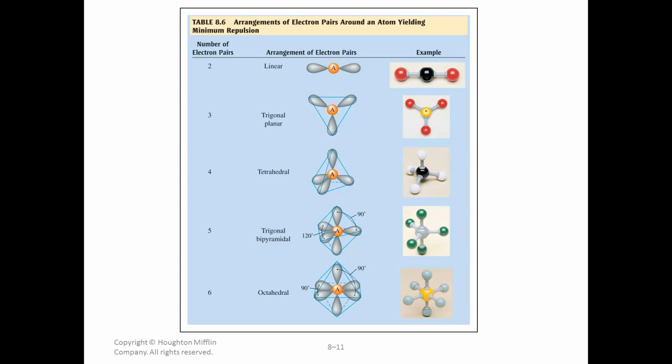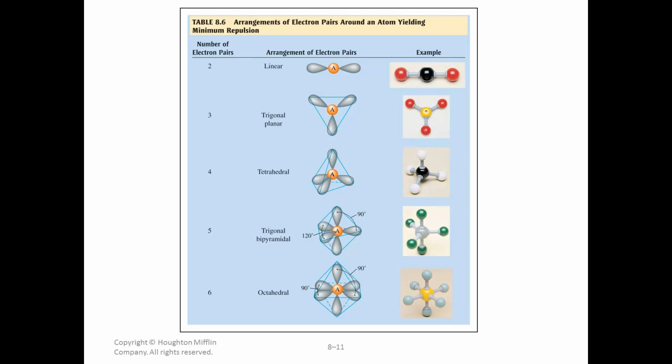bond angle. With 5 electrons around a central atom A, we can minimize repulsions with a trigonal bipyramidal geometry where we have 120-degree bond angles around the center and 90-degree bond angles at the axial positions.